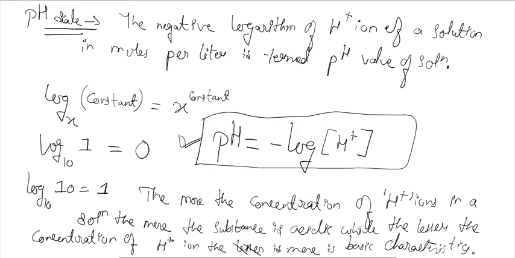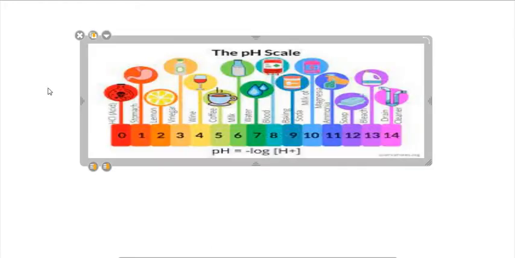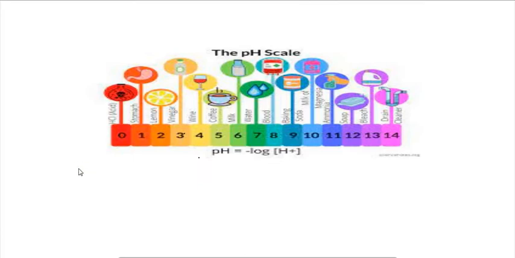Let me show you a picture which is an example of the pH scale.